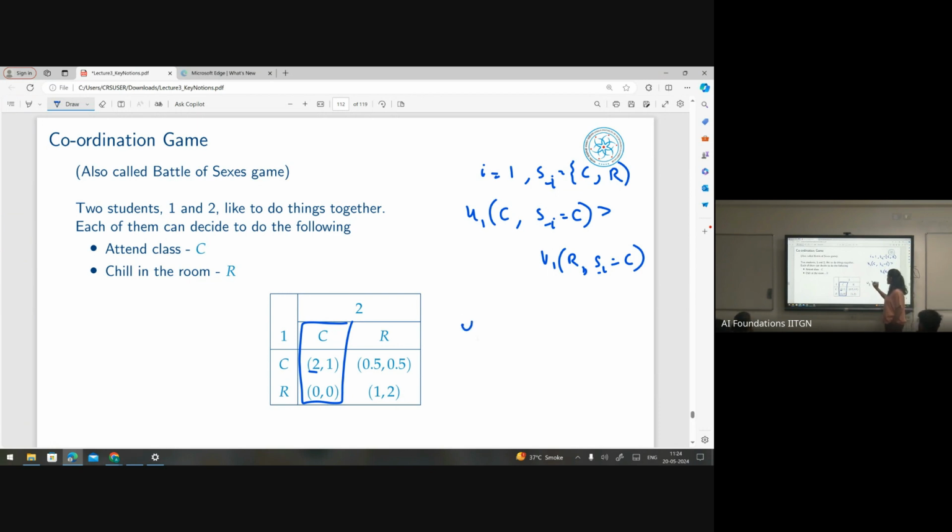Now, let's say the other agent is in the room, so I put R over here, s minus i is equal to R. Here, interestingly, going to the class as before is not the best strategy because we like to do things together. If the other person is in the room, I also want to be in the room.